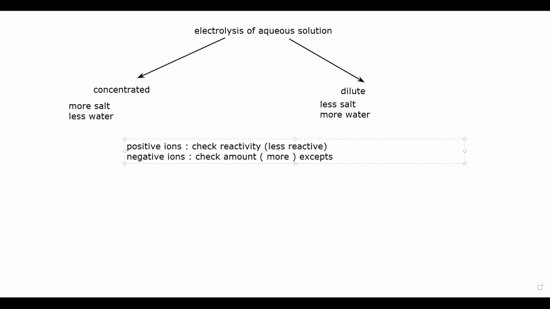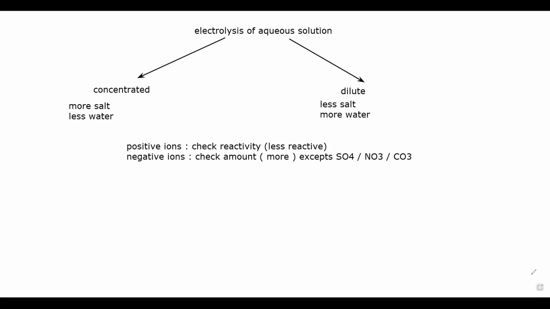These three ions never move: sulfate, which is SO4, nitrate, which is NO3, and carbonate, CO3. Even if they are more in the solution, they are not able to move because of their size. So for positive ion, we check the reactivity, and for negative ion, we'll check the amount.